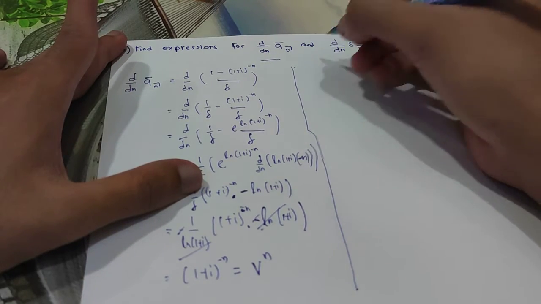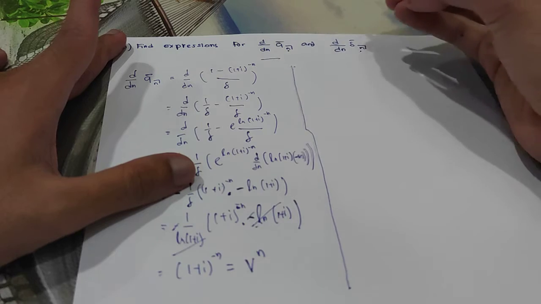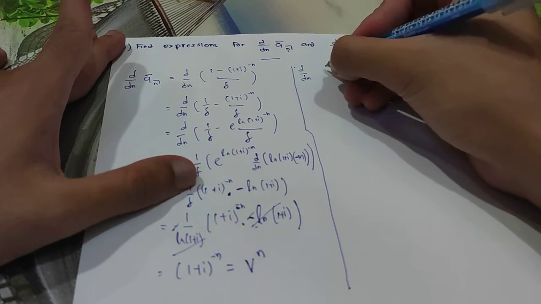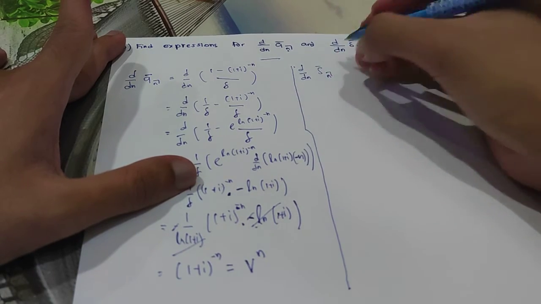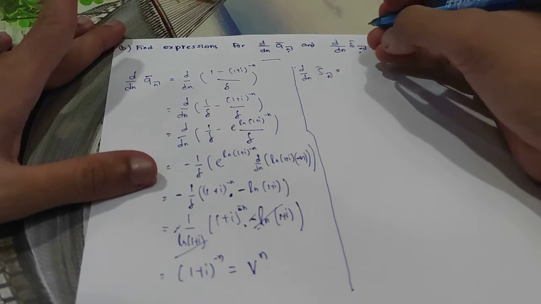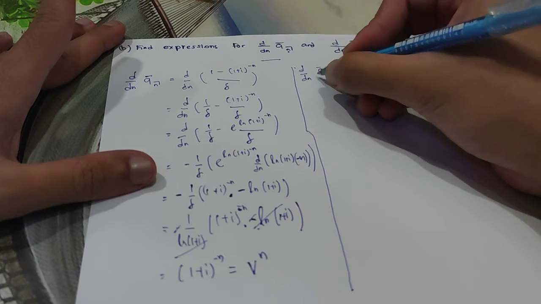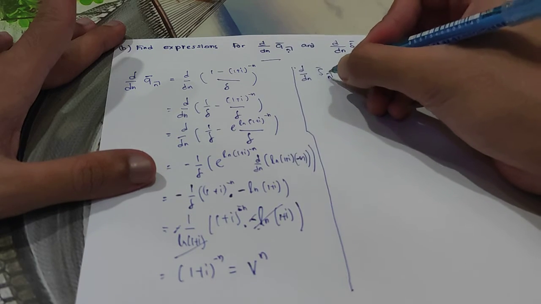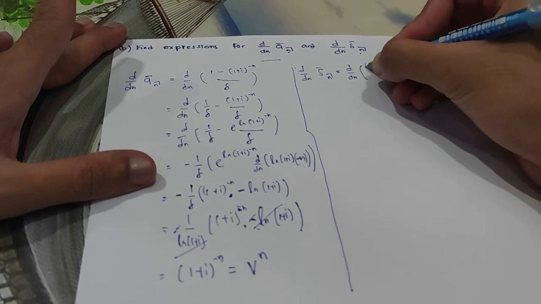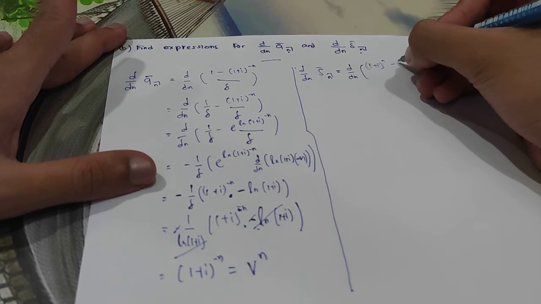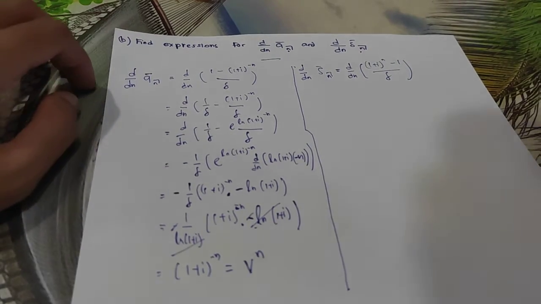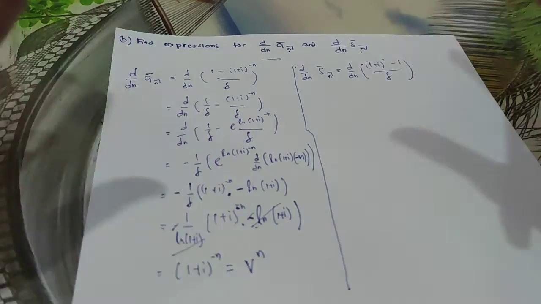Now we want to solve for the accumulated value of continuous annuity. We know the formula for the accumulated value of continuous annuity is like this, divided by delta. The method is almost the same.